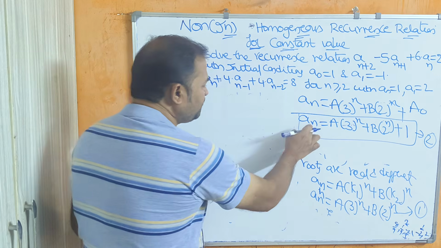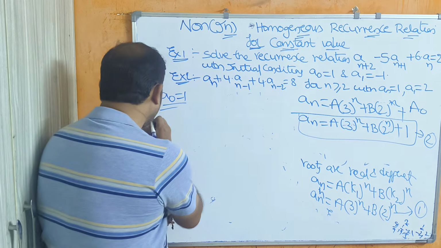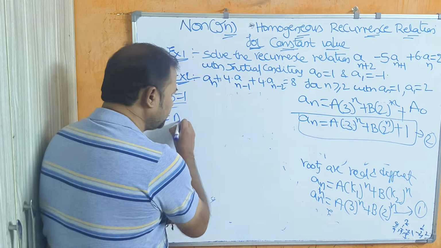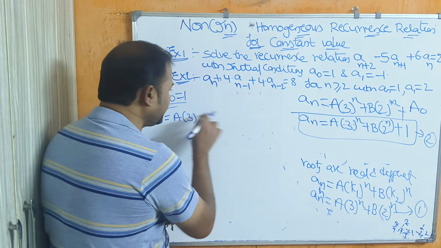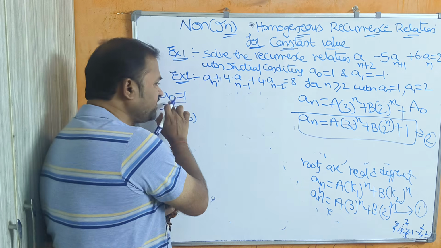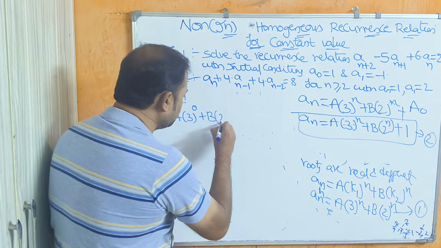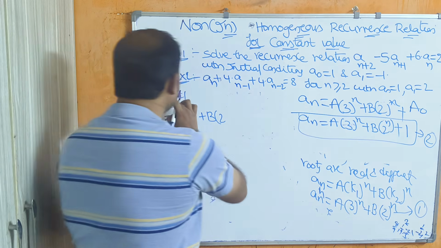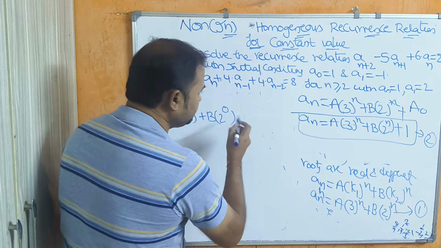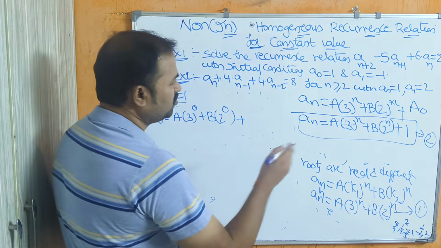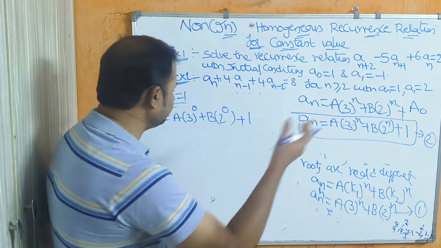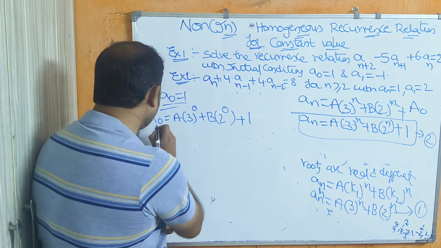So now in place of n we have to substitute 0. a0 equal to a into 3 power 0 plus b into 2 power 0 plus a naught value, which is already computed, that is 1.